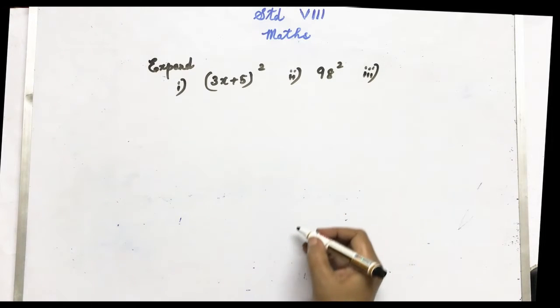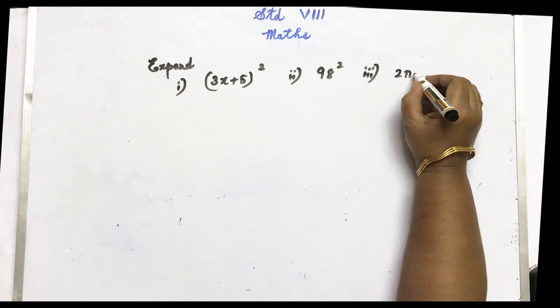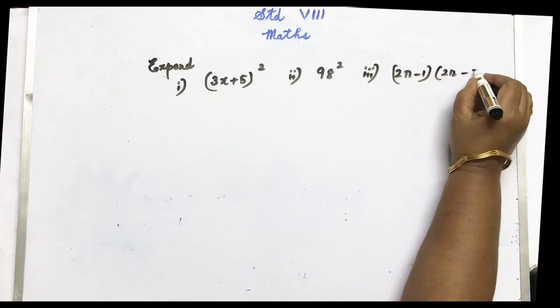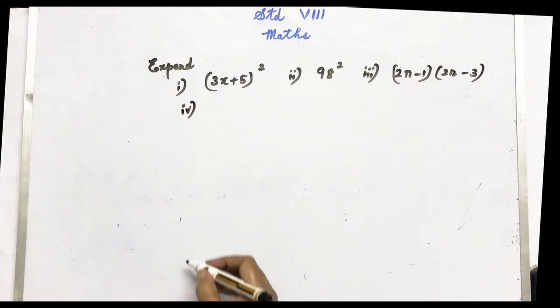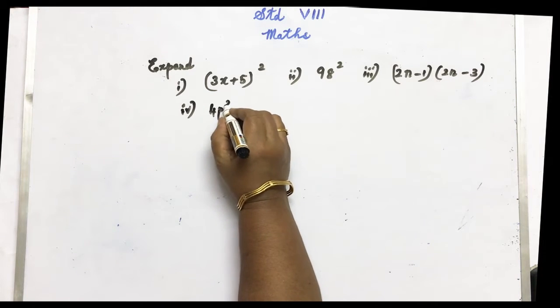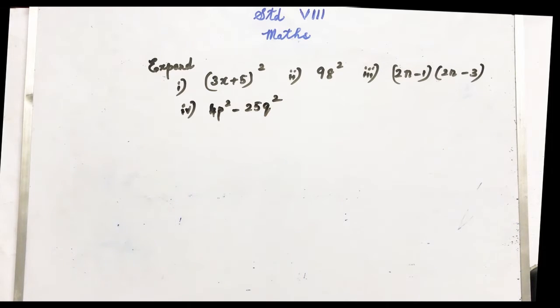Third sum is (2n minus 1) into (2n minus 3). Then fourth sum is 4p squared minus 25q squared. Now we shall use the identity and find out the answer for this.